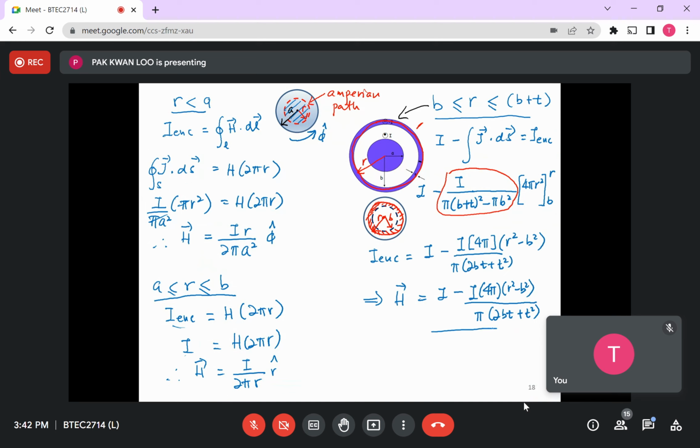So the whole thing divided by 2 pi r. Yep. So r cap. Of course, we can further simplify this. This will be I 2 pi r minus I r squared minus b squared over 2 pi r.